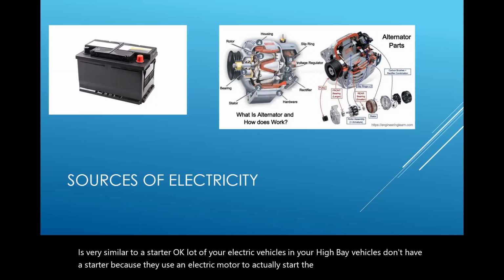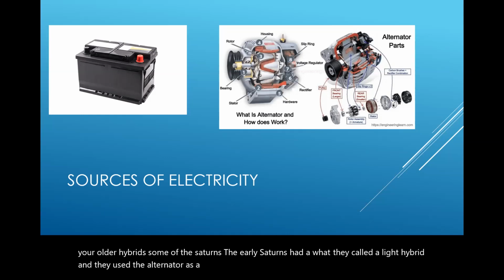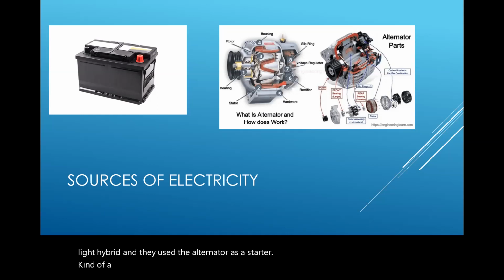Or if you get some of your older hybrids, the early Saturns had what they call a light hybrid, and they used the alternator as a starter. You know, kind of going way back on things like that too.